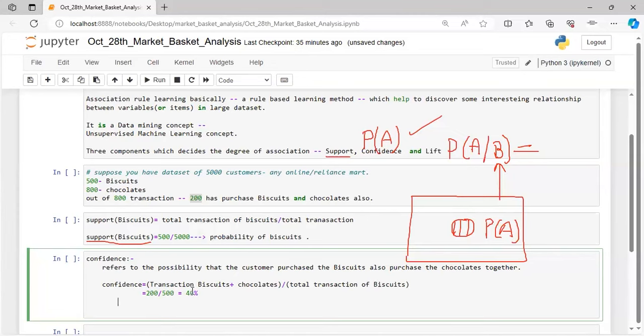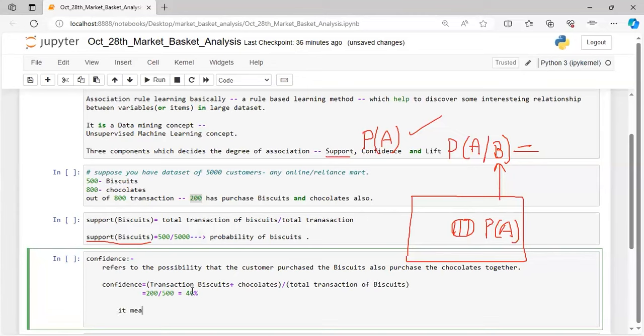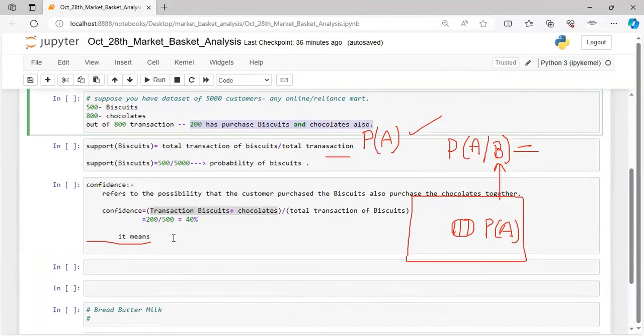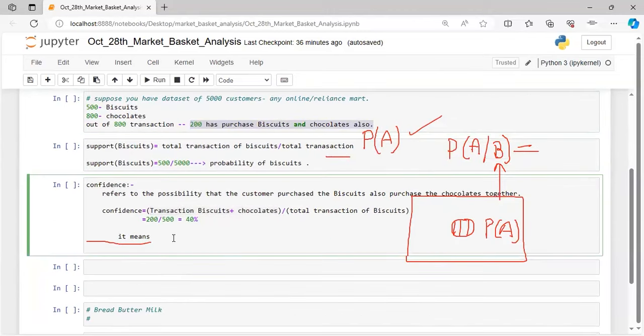But sir, here chocolate is also included in 200. Here we have included the transaction of biscuit and chocolate. Yes, 200 purchased biscuit and chocolates also, and we are dividing by 500. But total biscuit is 500 and chocolate is 800.